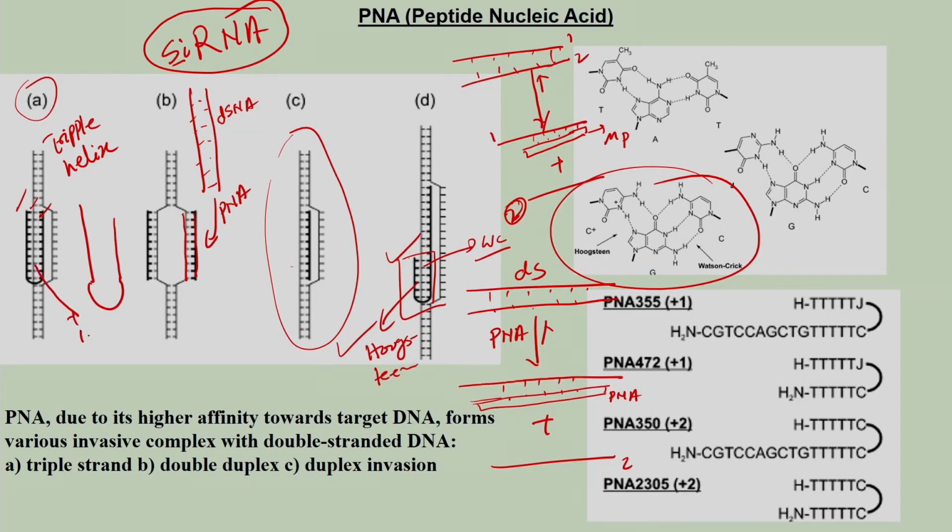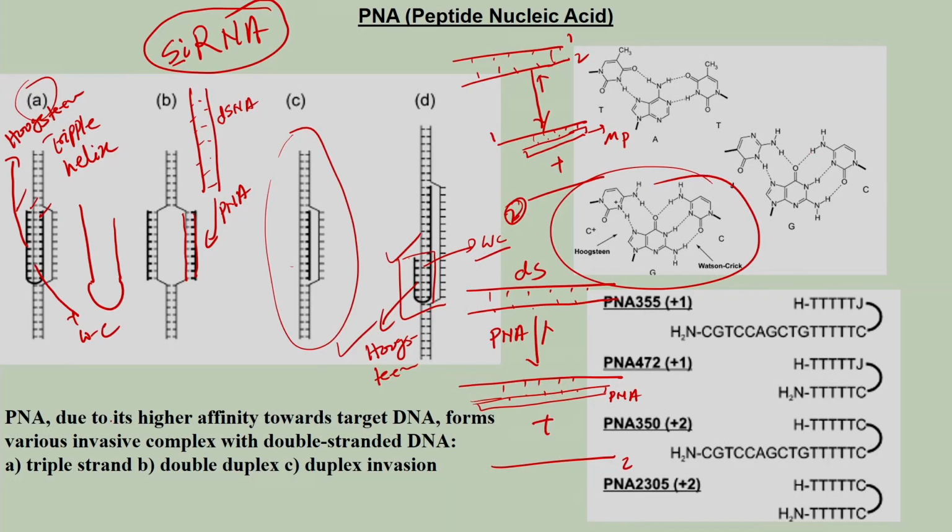This is Watson-Crick base pairing, that part is the Hoogsteen, forming the triple helix. This is called 2 double helix, di double helix or something, and this is the single invasion. So, these are the hybridizations that you can see.